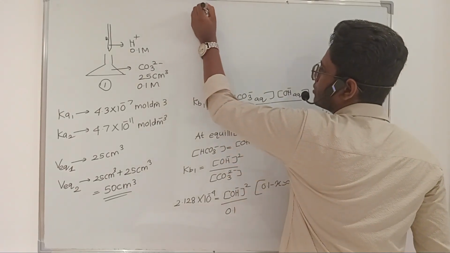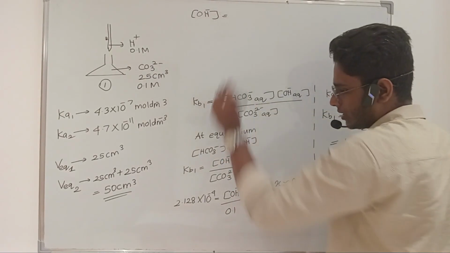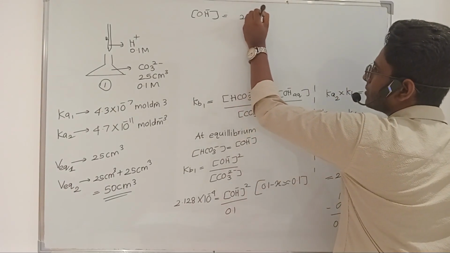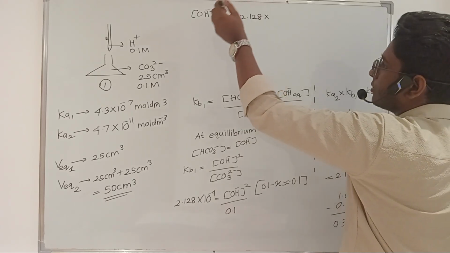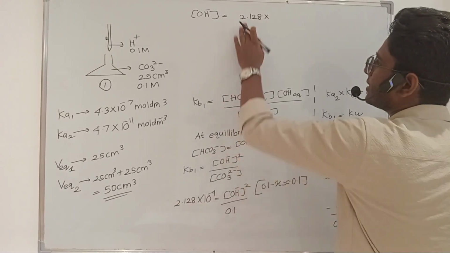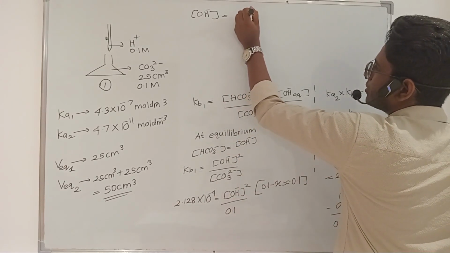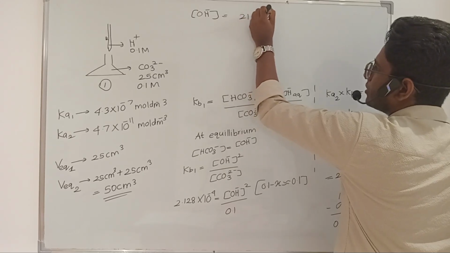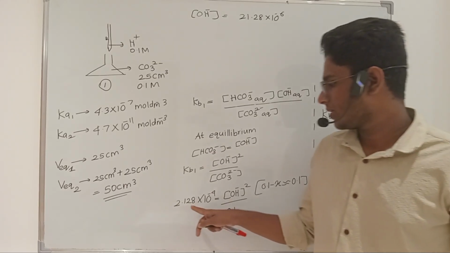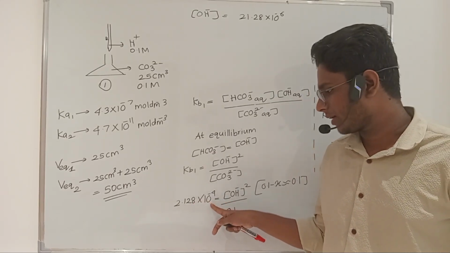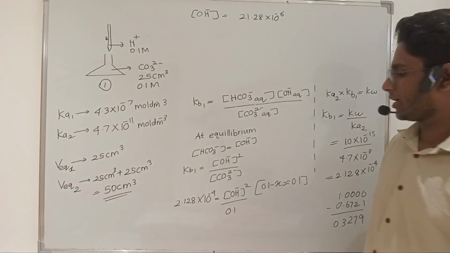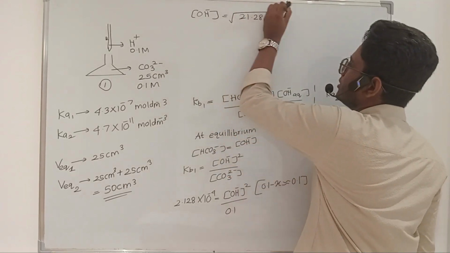Concentration of OH minus squared is equal to 2.128 into 10 to the power minus 4 into 0.1, which is 2.128 into 10 to the power minus 5. So I'll write it as 21.28 into 10 to the power minus 6, right? So I have to find the root value of that. That is the concentration.